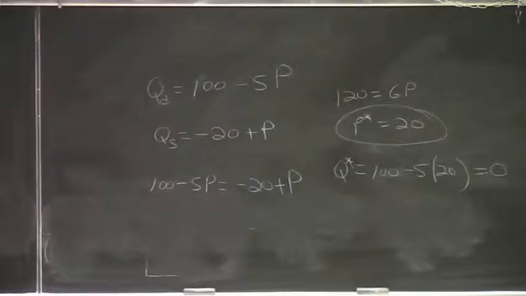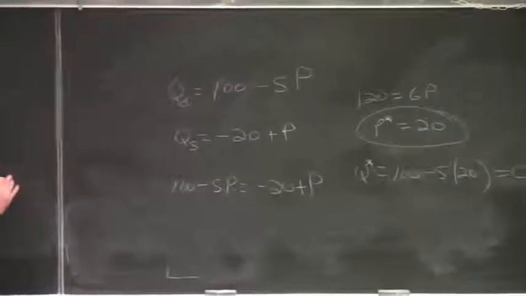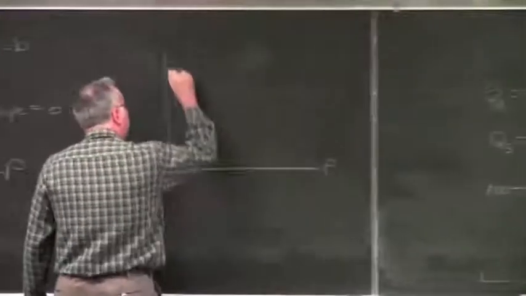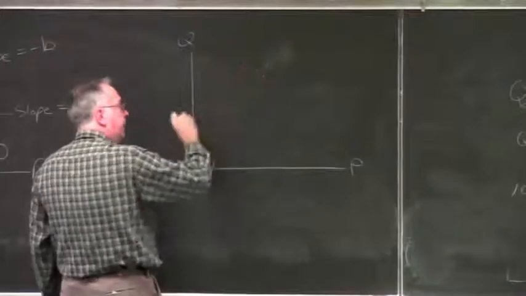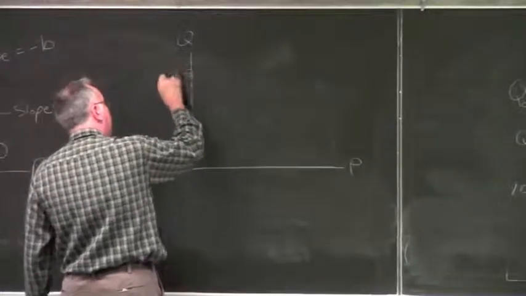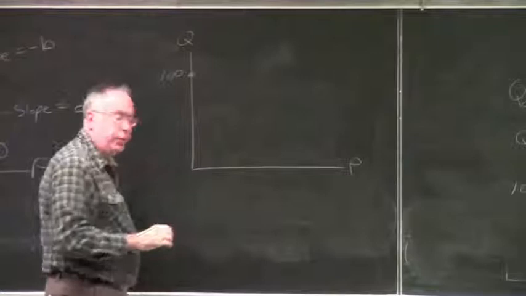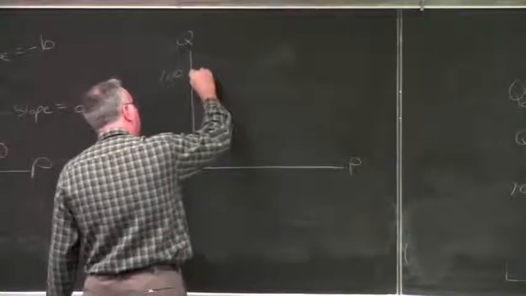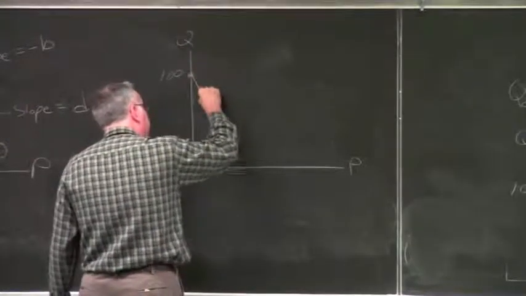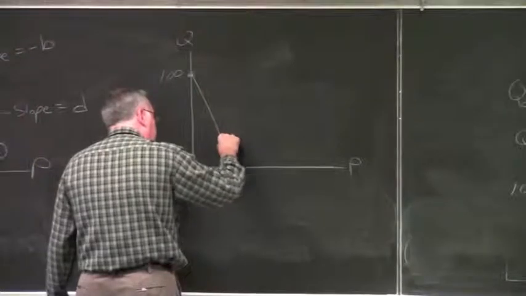Let's see what this looks like in a picture. Vertical intercept of demand is 100. Slope is minus 5. So it comes down. Where will this demand curve cross the horizontal axis?